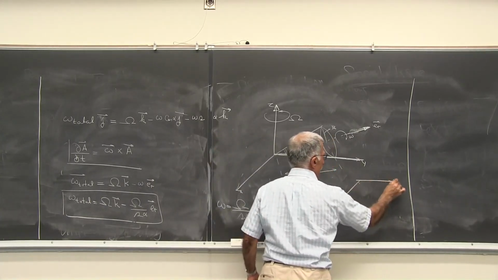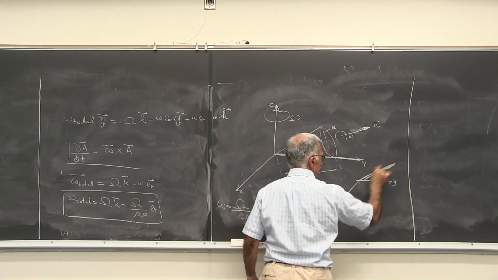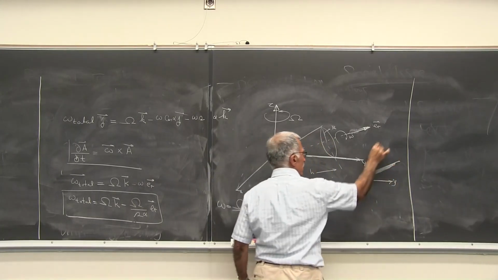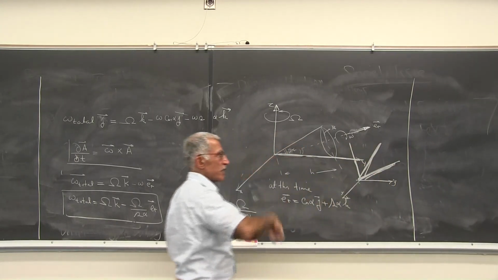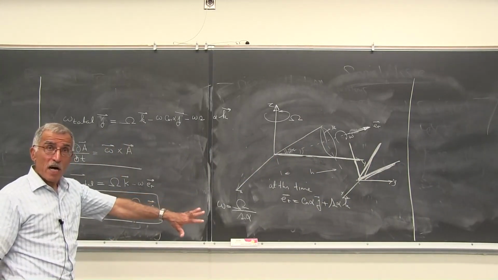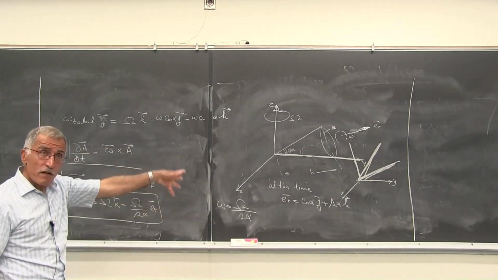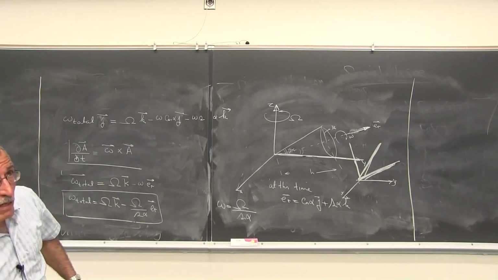If this is y and this is x, next time your instantaneous axis is here. Next time the instantaneous axis is here. It still is in the plane of x and y, but in different locations. It's like my hand is going around this table.